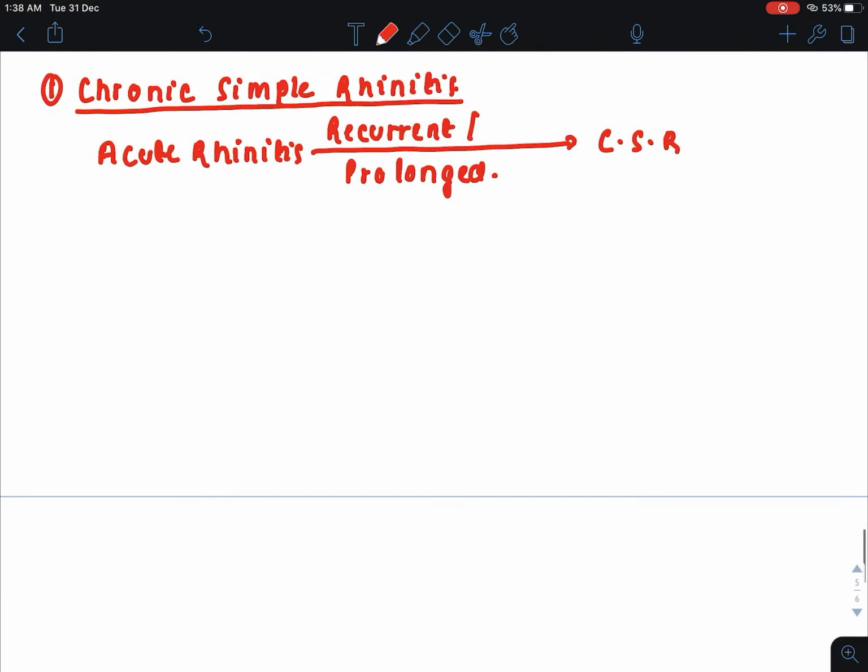So what are the clinical features of chronic simple rhinitis?